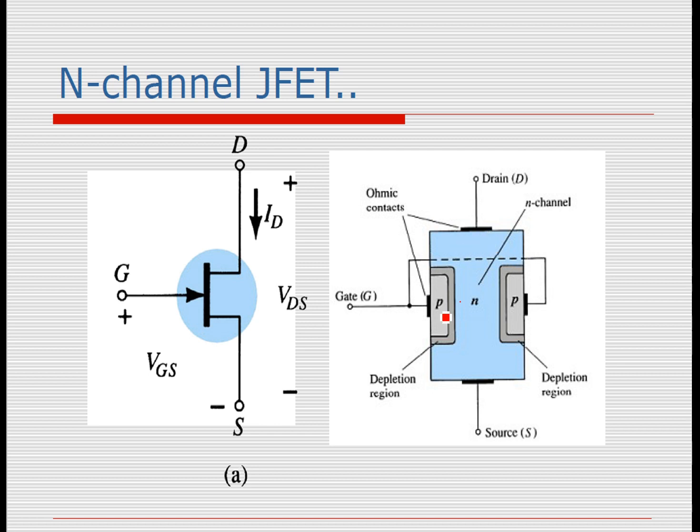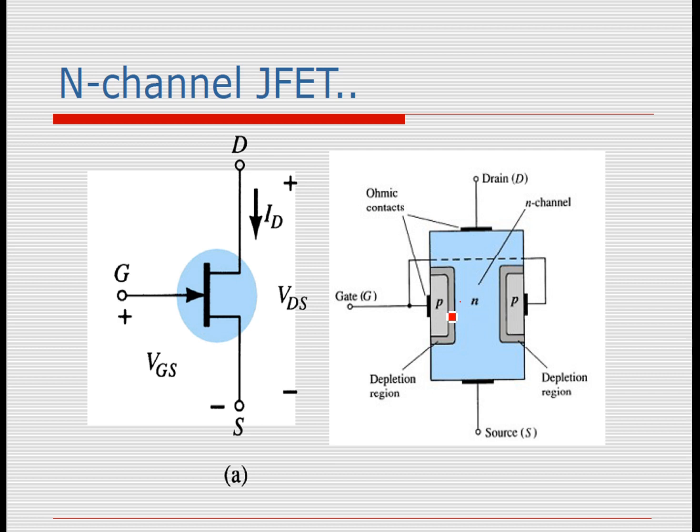Heavily doped p-type material forms p-n junctions on each side of the bar. Here you can see this is one p-type material and here is another heavily doped p-type material, and these two p-type materials form two p-n junctions.